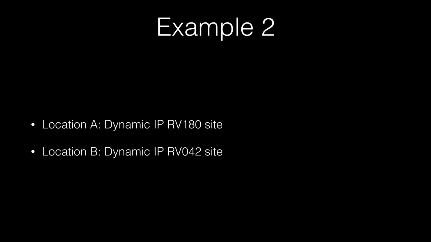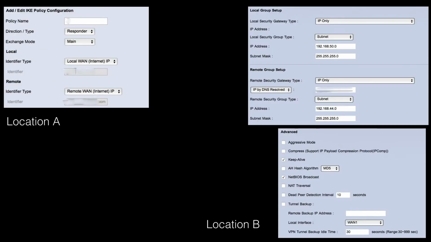On the XM2, I have the more common situation you may find, that is two sites with dynamic IPs. So initially here, I put it another way. Let's see if it's better to understand. So location A with the RV120 is the responder again, and it is using DNS resolution for the remote identifier.